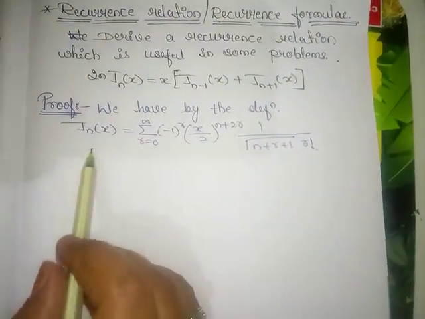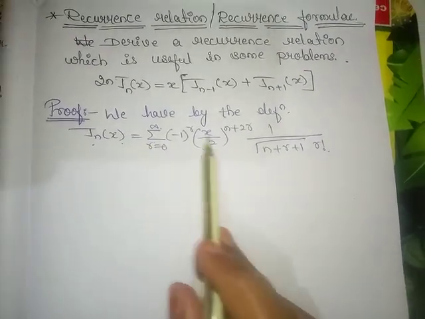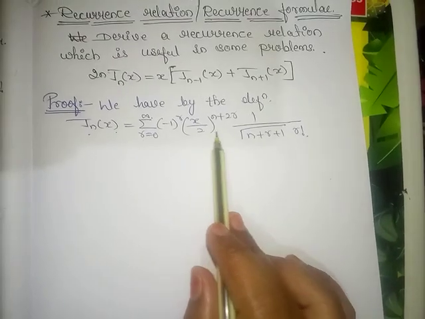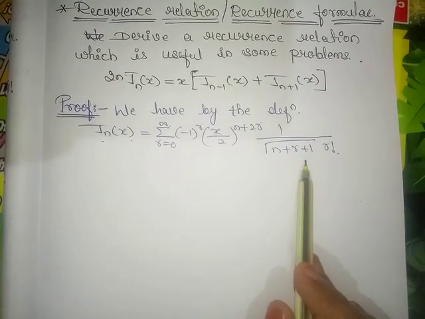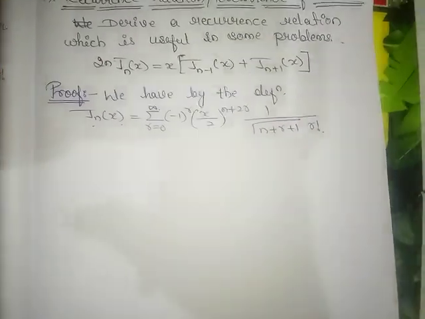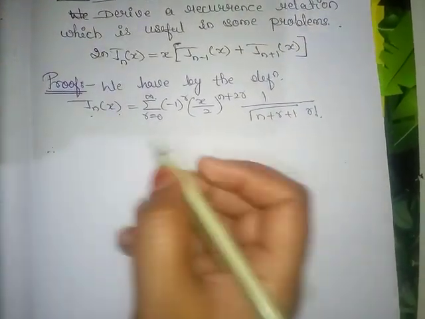From the definition, we know that Jn of x is equal to summation r running from 0 to infinity of minus 1 raised to r, x by 2 raised to n plus r, into 1 divided by gamma of n plus r plus 1 into r factorial. Next, multiply this by 2n.